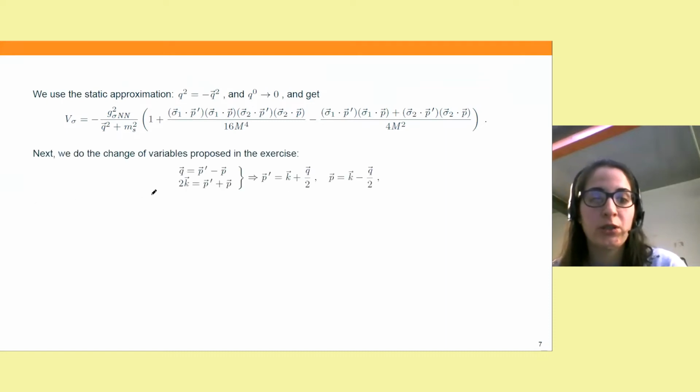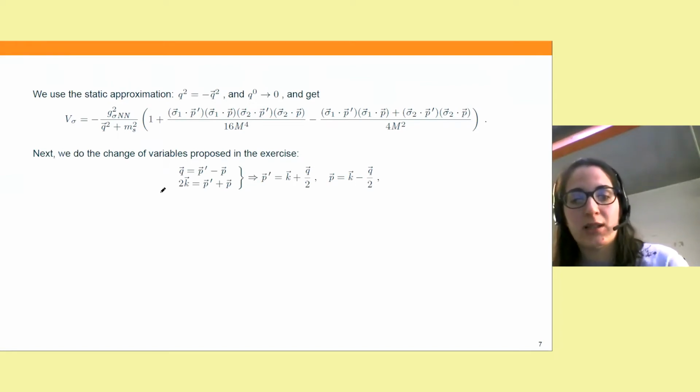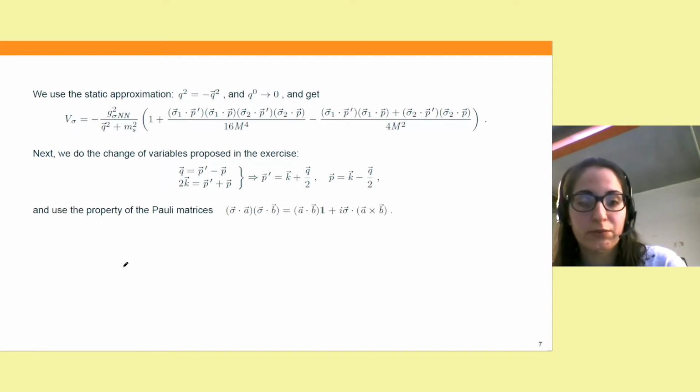We will also do the change of variables that is proposed in the exercise. This will simplify our life. We take Q as the difference of P prime and P, and we also define 2K as the sum of the momentums. So we can see that P prime is K plus Q divided by 2, and P is K minus Q divided by 2.